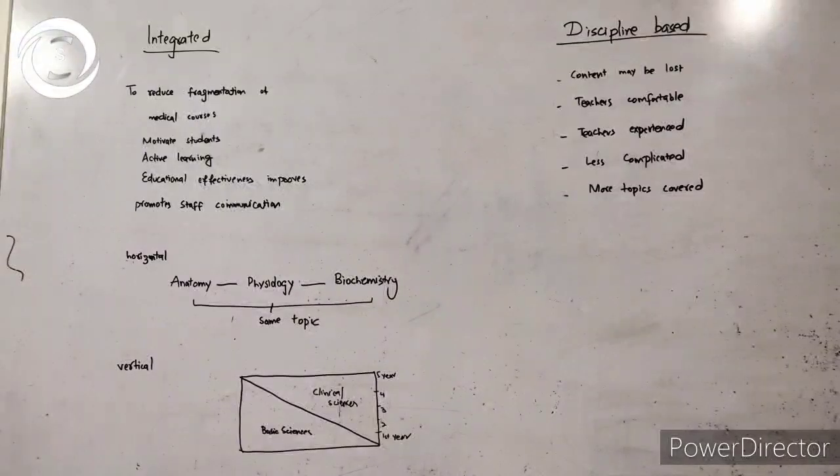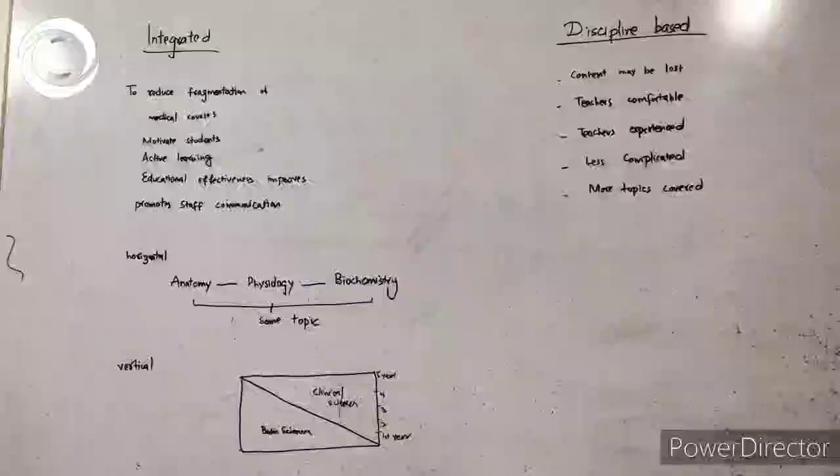Like if the musculoskeletal system is started, all these departments should integrate and should teach the same system in parallel, and within the same system the topics. Vertical integration is integration between disciplines traditionally taught in different phases of the curriculum. More emphasis is placed on basic sciences in the early years and clinical sciences in the later years.